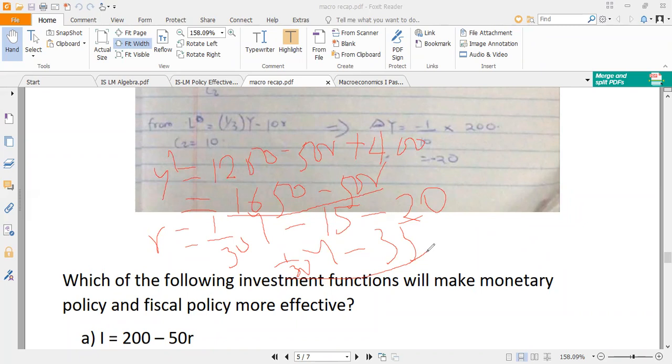So just find your new IS, combine it with the old one, and then you'll be able to get your new Y and your new R. If the change is only in money supply, it will not affect the IS curve. So just find your new LM, equate it to the old IS, then you find your new Y and your new R. I hope we understand what I'm trying to say.